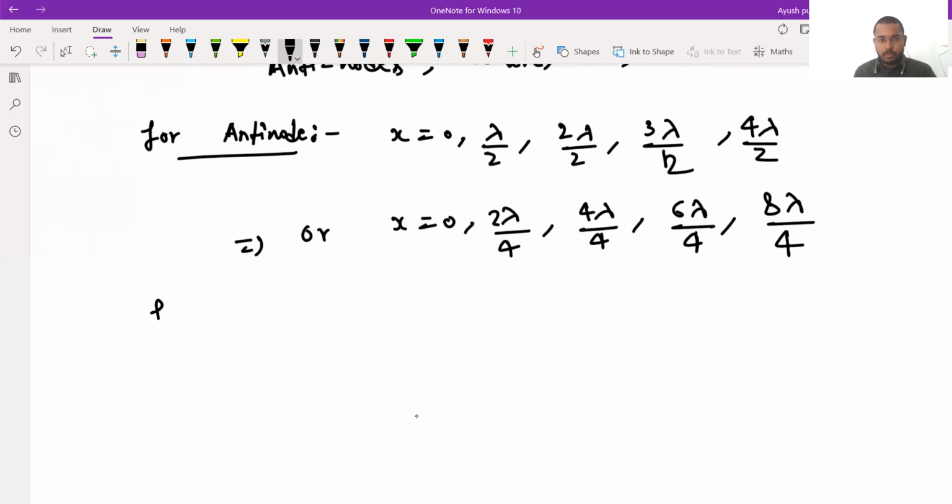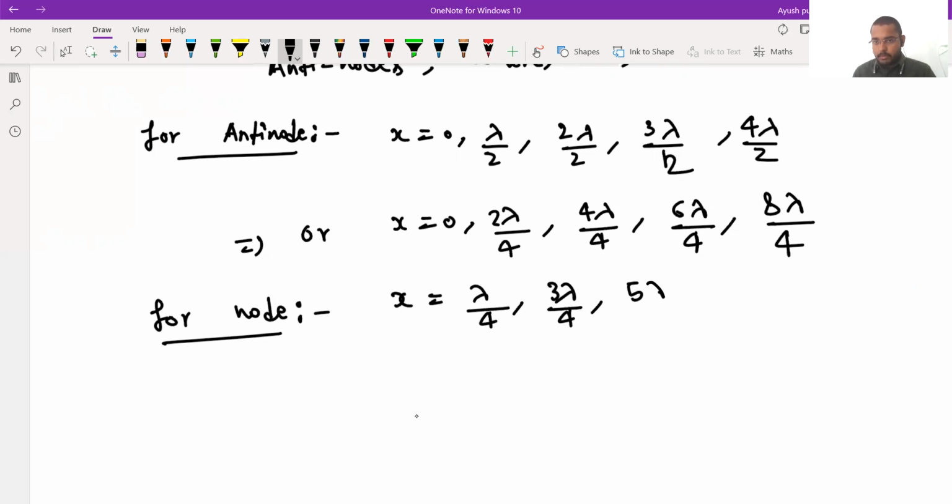This is for antinodes. Now for nodes, x equal to lambda by 4, 3 lambda by 4, 5 lambda by 4, 7 lambda by 4.